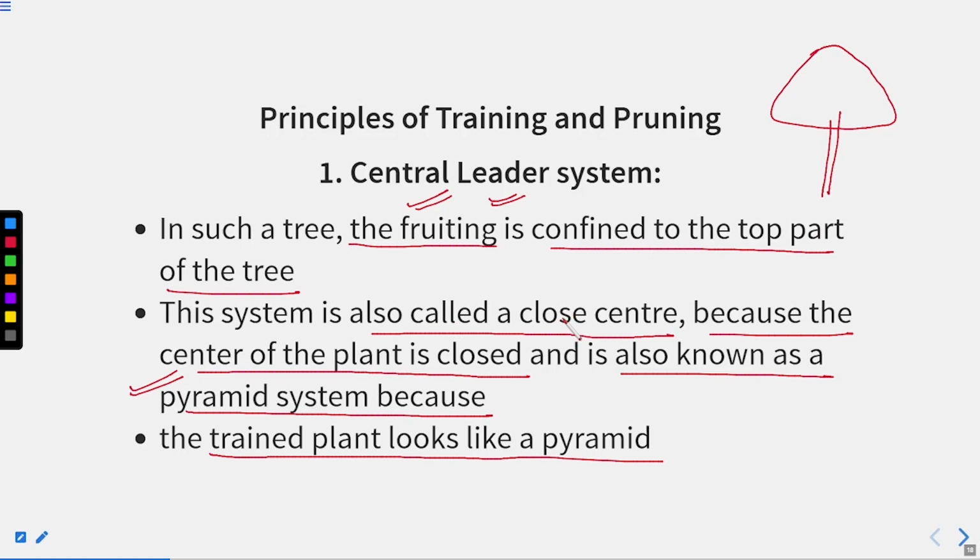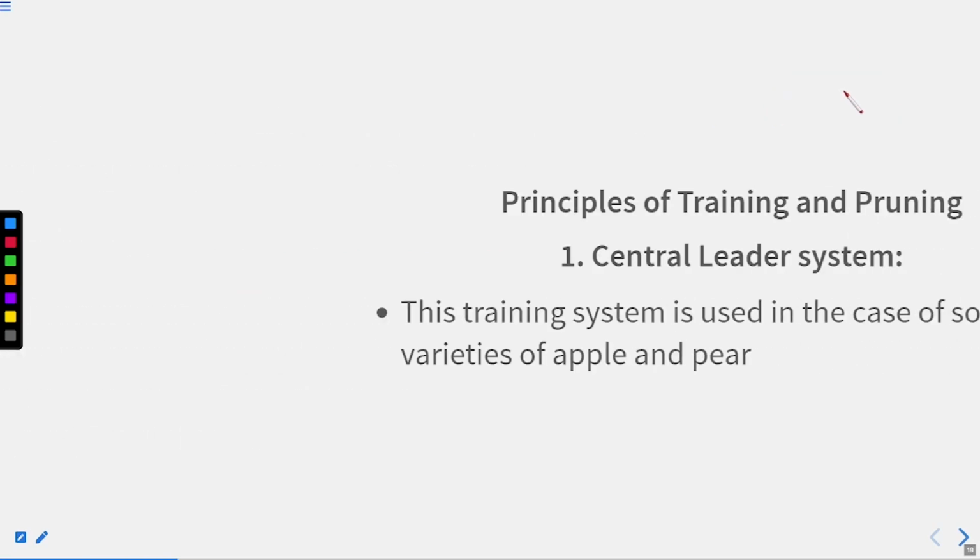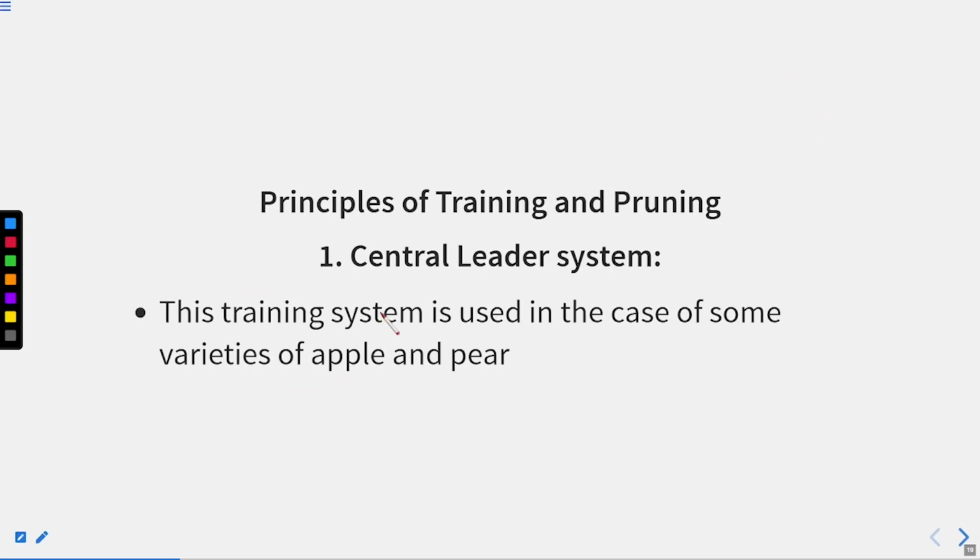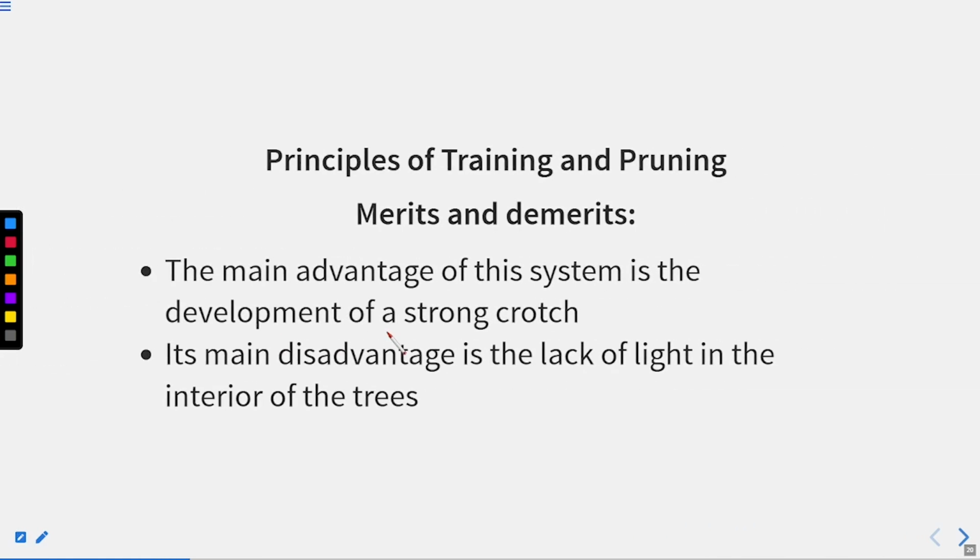We are keeping one central main stem, and the branches are allowed at a proper distance. This training system is used in the case of some varieties of apple and pear. So this is the example of the fruit plants where we generally follow the central leader system, in the case of apple and pear.